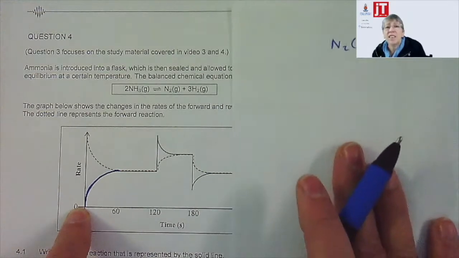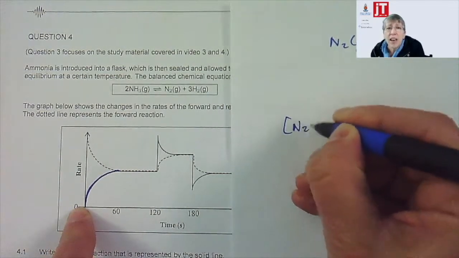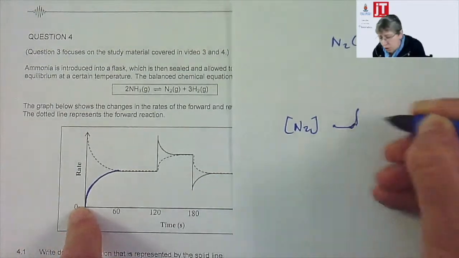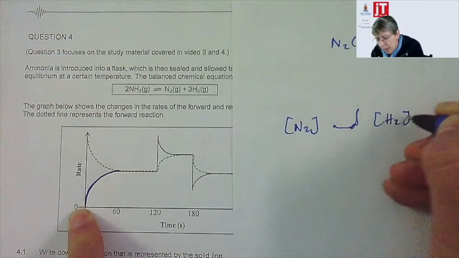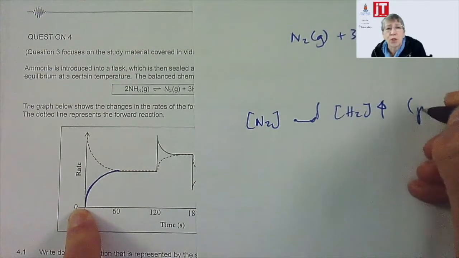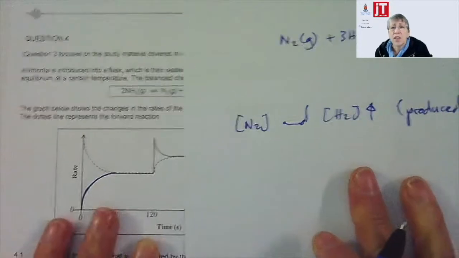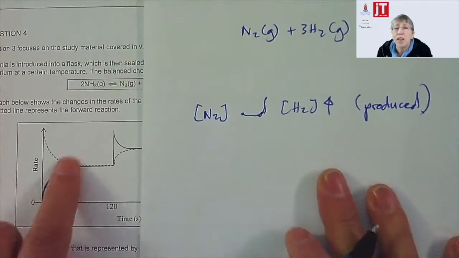And then as the reaction occurred, the N2 and the H2 concentrations increased, right, because they were produced.